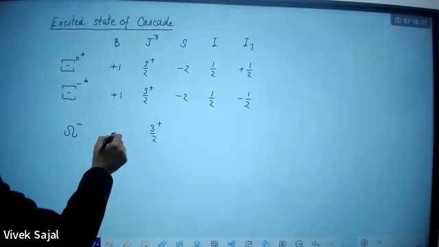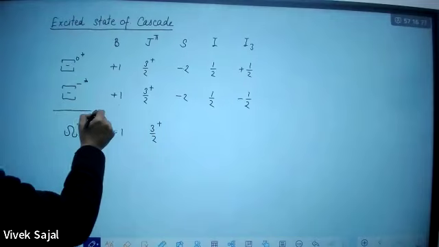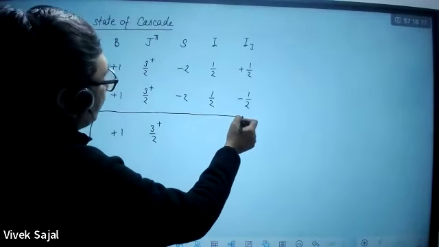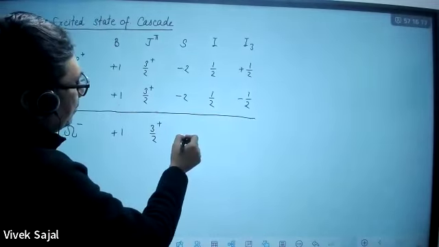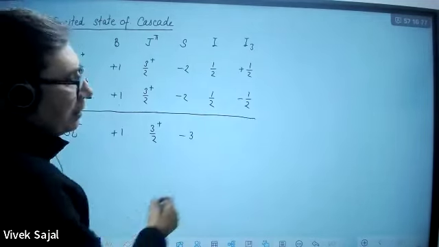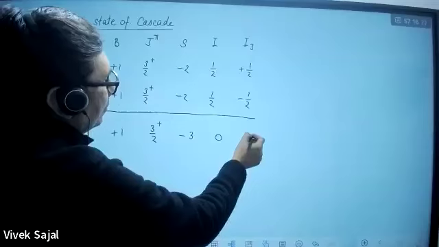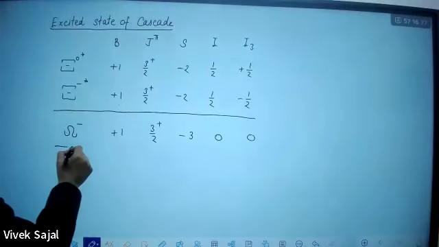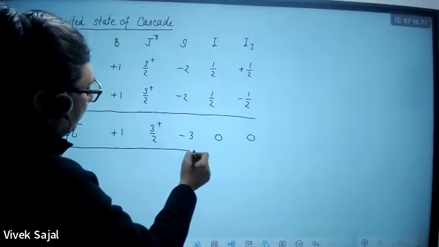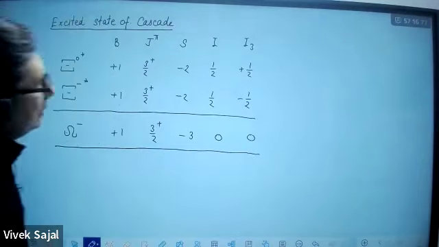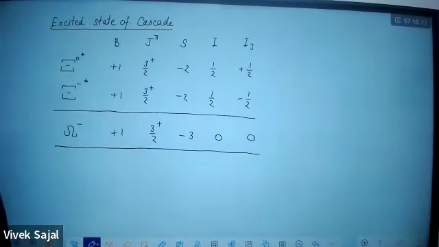So this will be +1 because this is a baryon. Strangeness number is -3 here, and I will be 0 and I3 will be 0. So this is the last particle, the last of the heavy baryons.